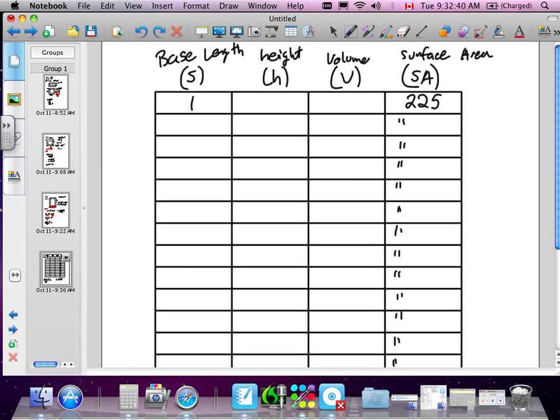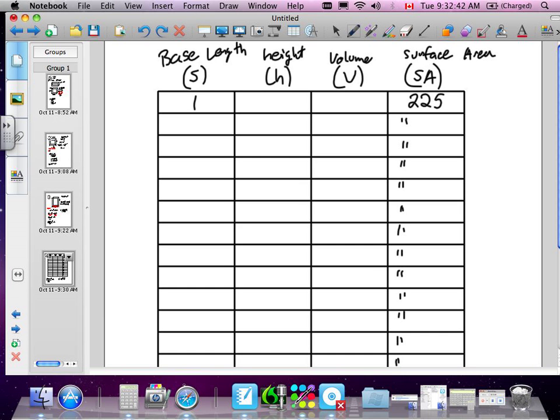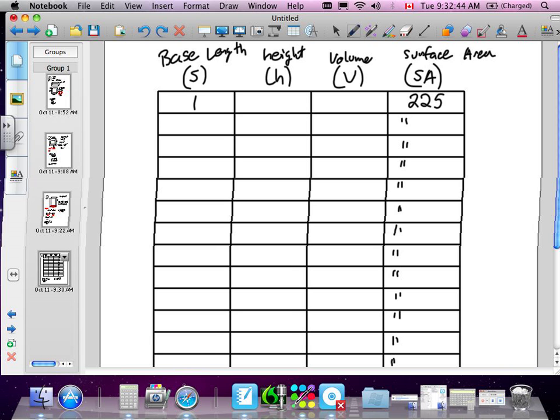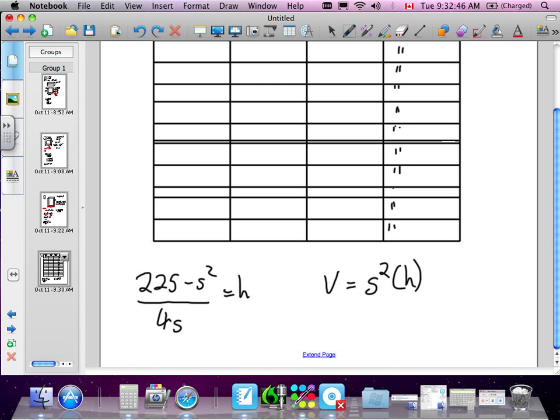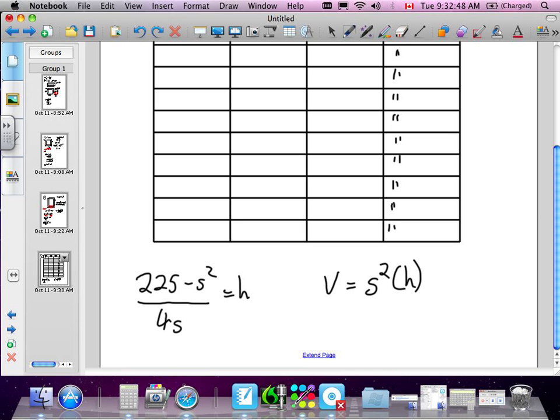Okay? So what that means is I need to take that number 1 and I need to plug it into this formula down here. I need to plug 1 in for both of the S's to solve for what the height would be. And then once I have the height, I can solve for what the volume of the shape would be.